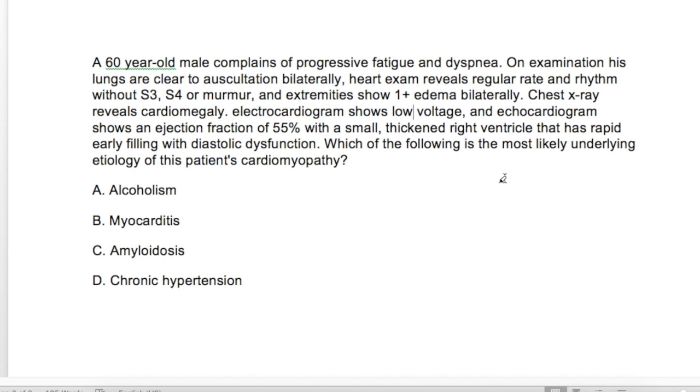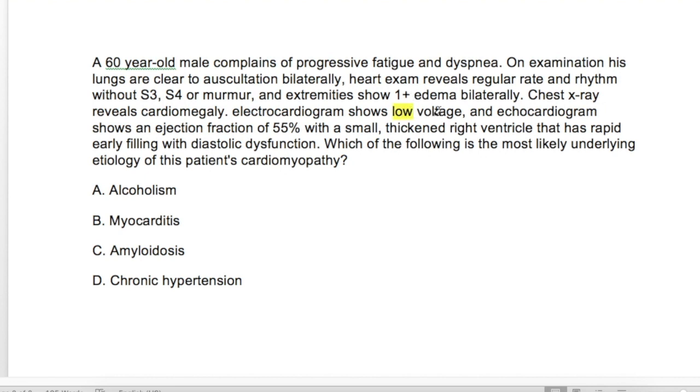A 60-year-old male complains of progressive fatigue and dyspnea. On exam, his lungs are clear to auscultation bilaterally. Heart exam reveals regular rate and rhythm without S3, S4, or murmur, and extremities show 1 plus edema bilaterally. Chest x-ray reveals cardiomegaly.